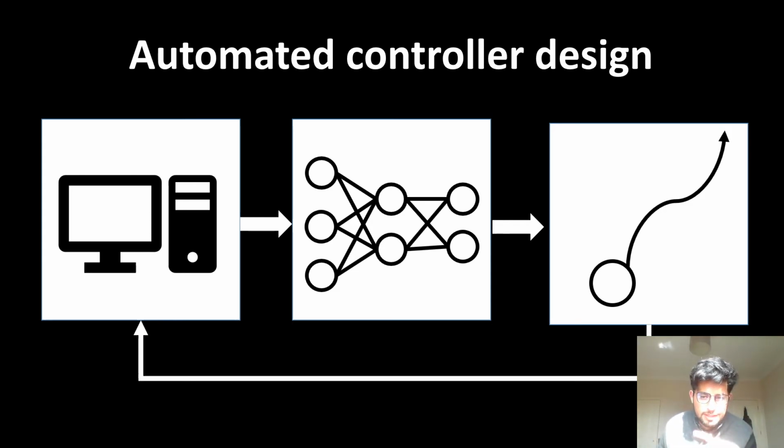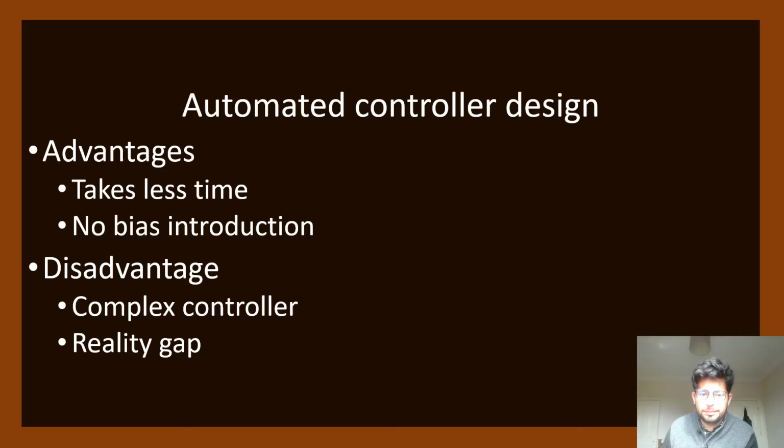However, this is done by the PC, and the human doesn't need to take any decisions. It doesn't need to go to the piece of paper, to the flow diagram. Everything is done by the machine. What are the advantages? Like I was saying, it takes way less time because the machine is going to do it quickly. It's going to try multiple different things.